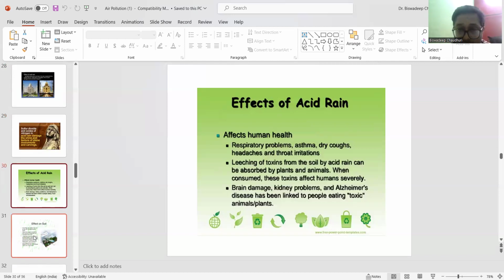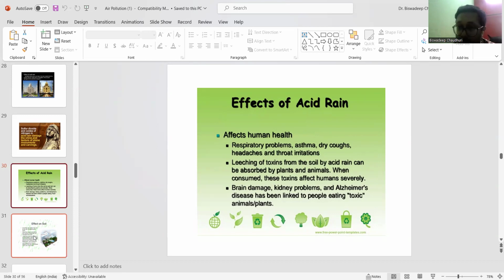Next, effects of acid rain on humans: respiratory problems, asthma, dry cough, headaches, and throat infections. Everything can happen due to acid rain. Toxins leached from soil by acid rain can be absorbed by plants and animals.